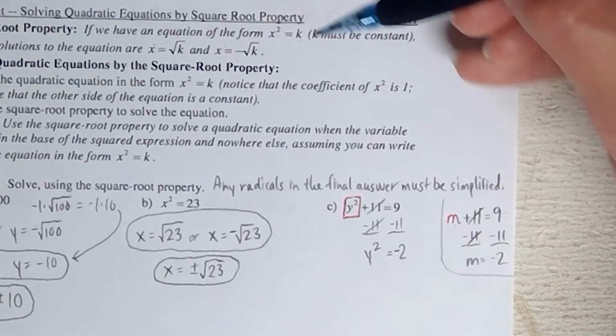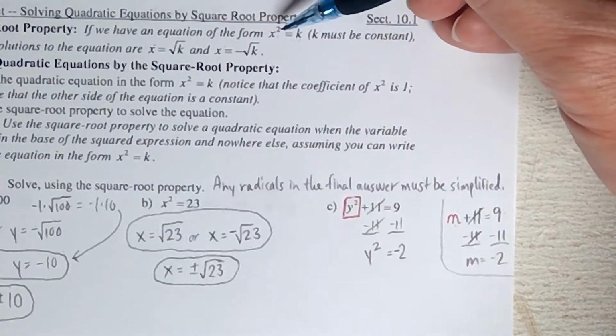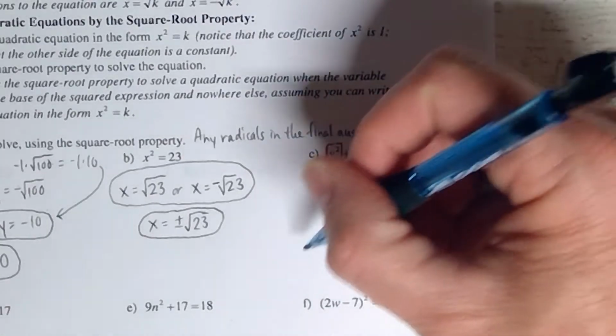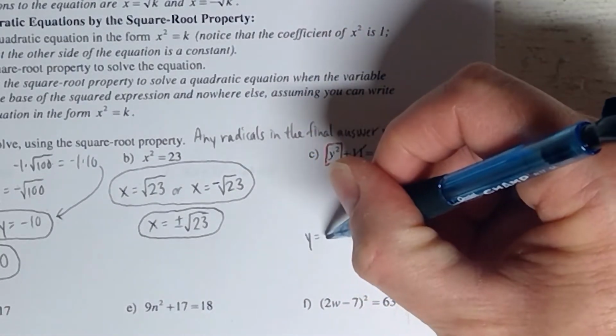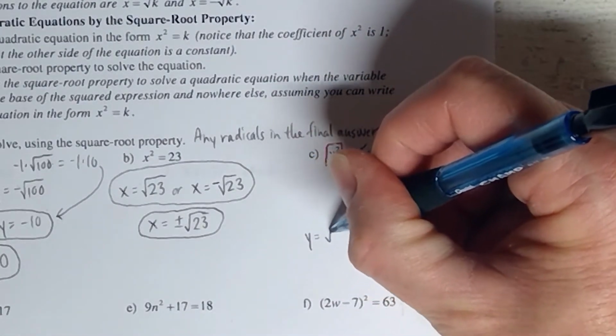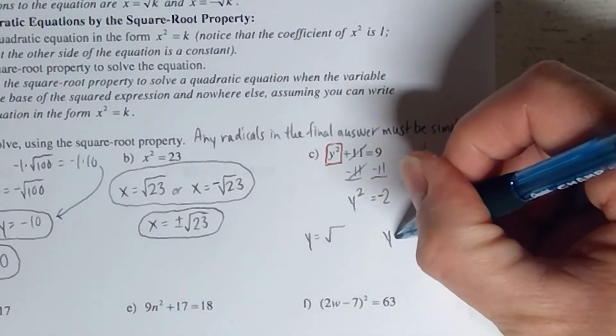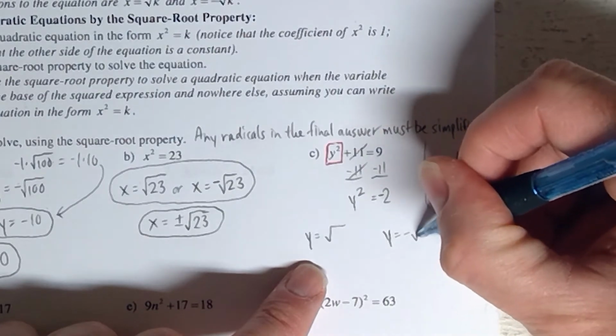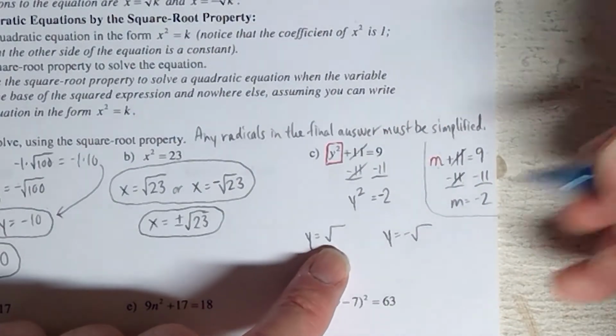So now we've got the variable squared by itself, y squared, and we have a constant, negative 2, on the other side. So we jump to that next step. We take the 2, write down the y twice, y and y, and write down the radical twice, one of them with a negative in front. But what do I put inside the radical?